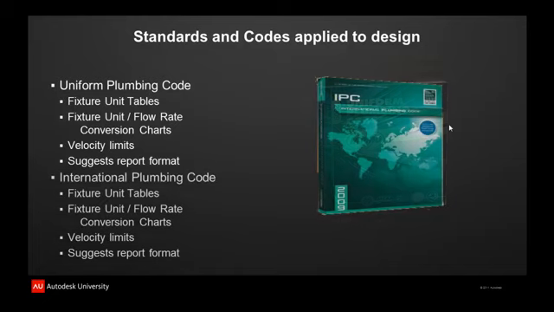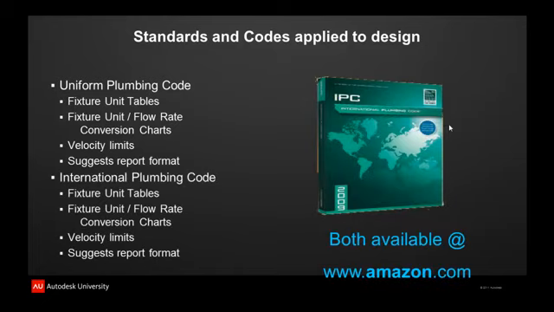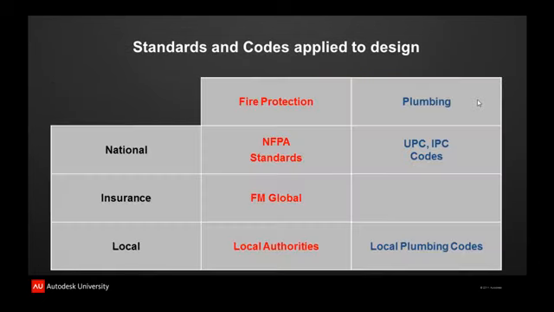The International Plumbing Code has essentially the same information, slightly different values, and in a slightly different format. I wasn't able to find those for free viewing anywhere, but they're available through Amazon.com and obviously many other outlets. And in both cases, local codes are very important in that they often supersede or augment the other standards.